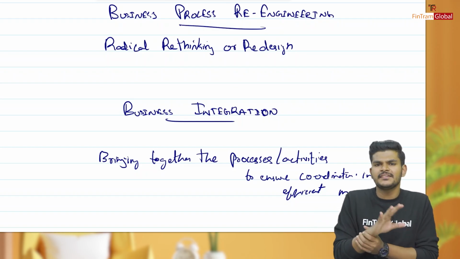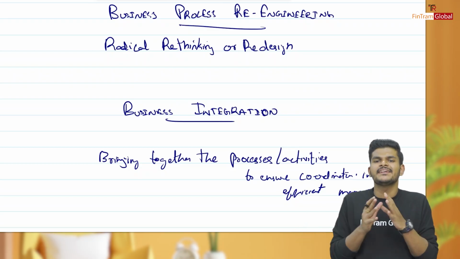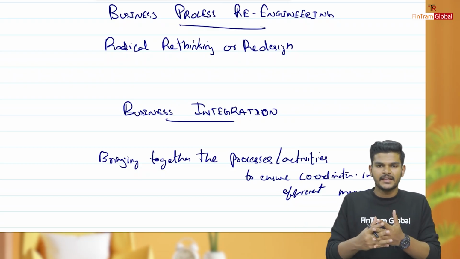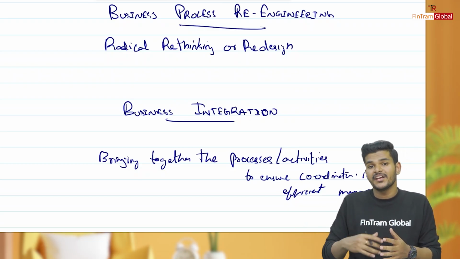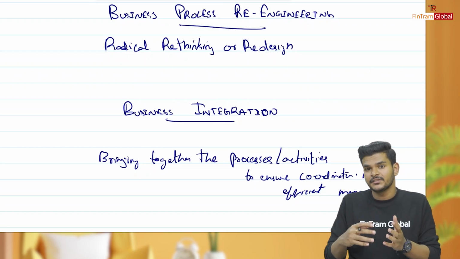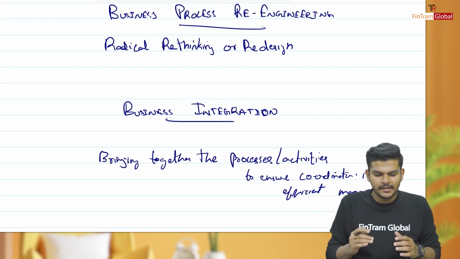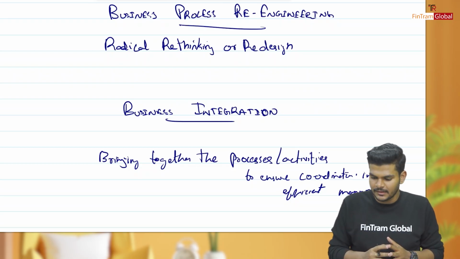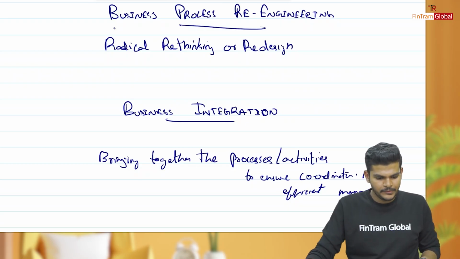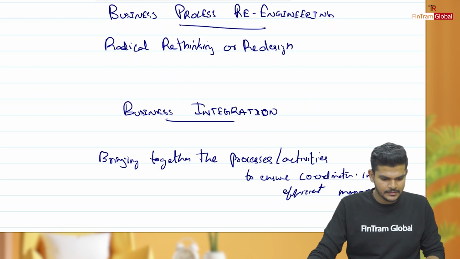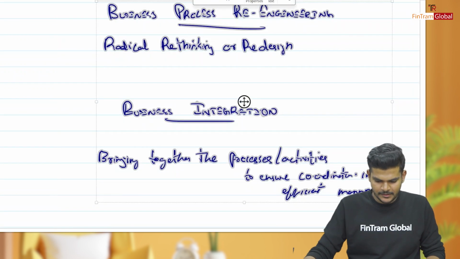So it's all about integrating certain activities so that things can be more efficient and there's no wastage of time or money anywhere. So these are another set of two terms which are really relevant for the exam. So that's basically all about this. I'll just move on to another topic.